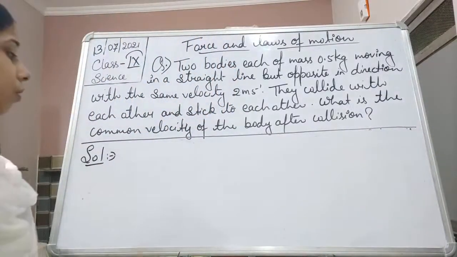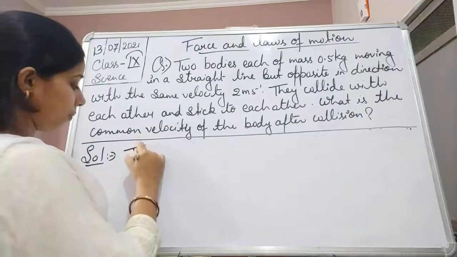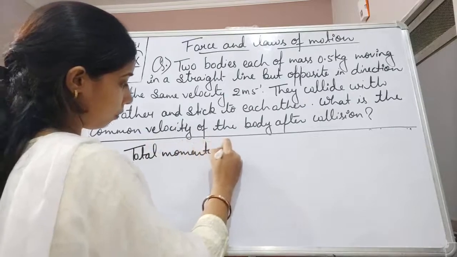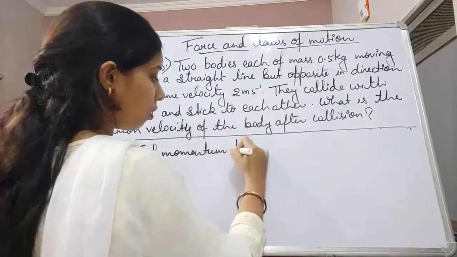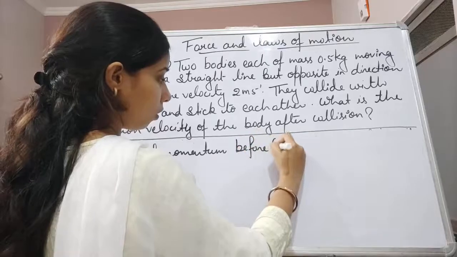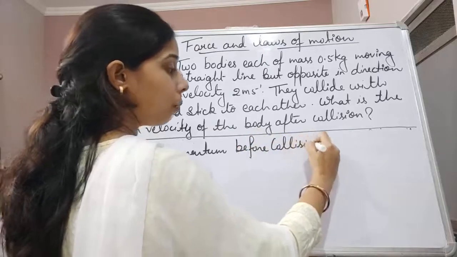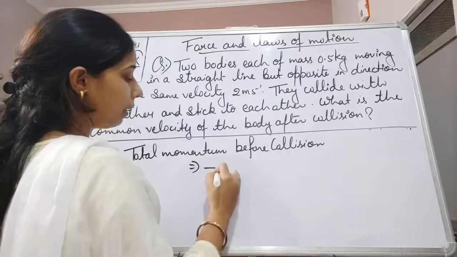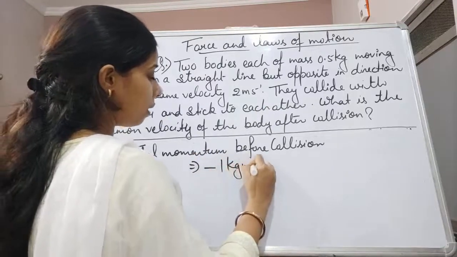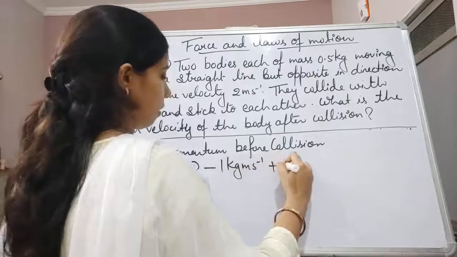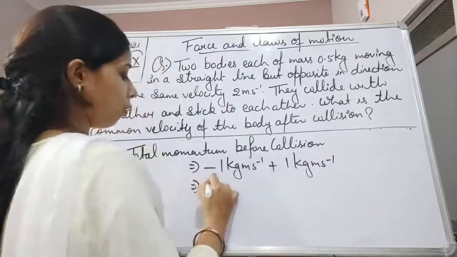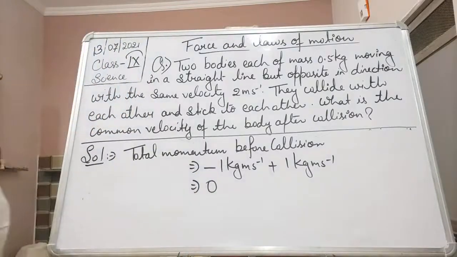So, total momentum before collision will be equal to -1 kg meter per second plus 1 kg meter per second, and this will be equal to 0. Understood? This will be equal to 0.